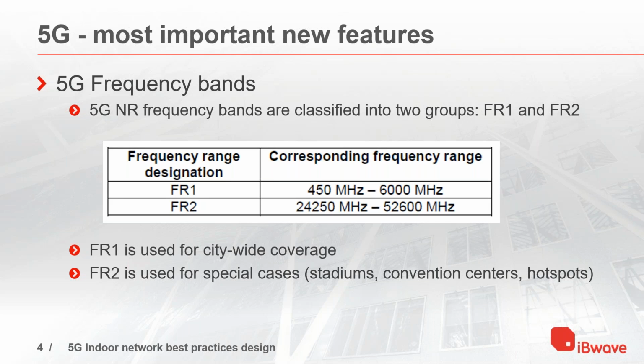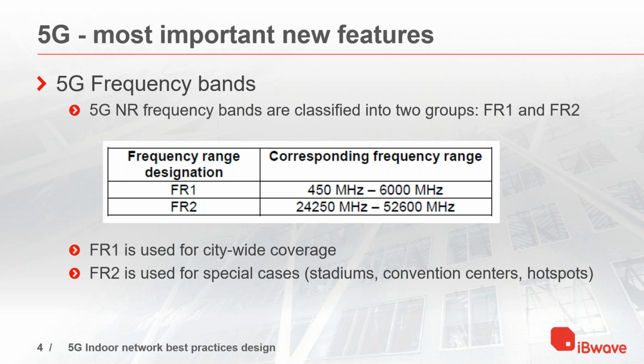Number one is we have two different frequency bands. The one that we call FR1 in this nomenclature is the one that is between 450 megahertz and 6 gigahertz. And this is the frequency band that you are used to seeing. Namely, so far, everything has been deployed between the frequencies of about 600 megahertz in the US, up until about 3.5 to 3.7 gigahertz worldwide.